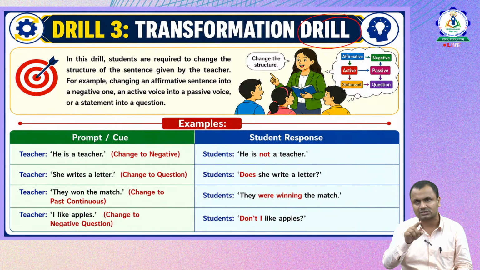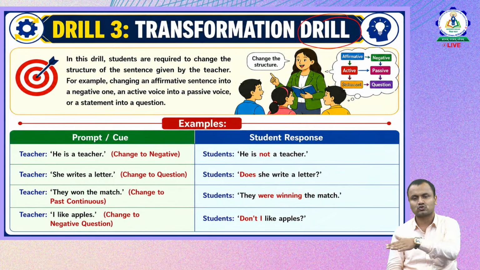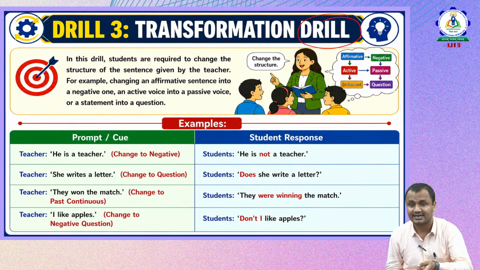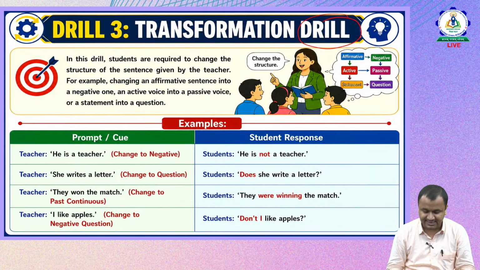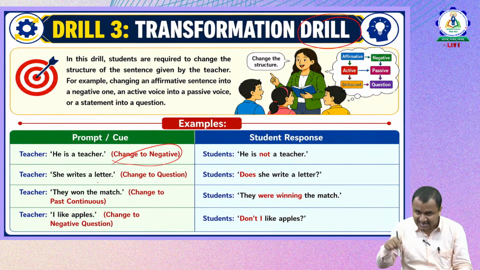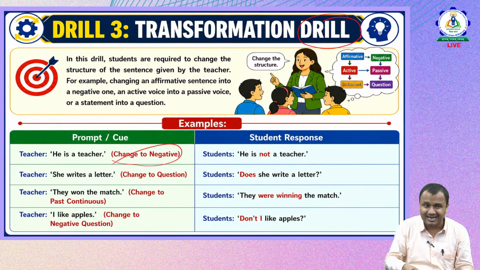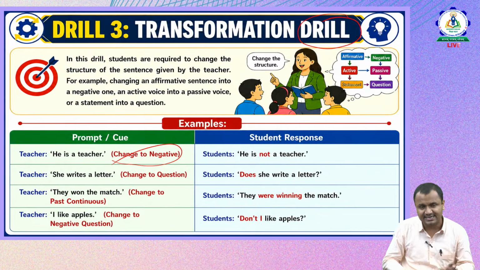change the sentence into a negative sentence. Now the teacher will speak a positive sentence, and students are required to speak the negative sentence, following the instruction, whatever it is. Let's say the example is, he is a teacher, and the instruction says change into negative. The students are expected not to repeat or drill the same sentence, he is a teacher.